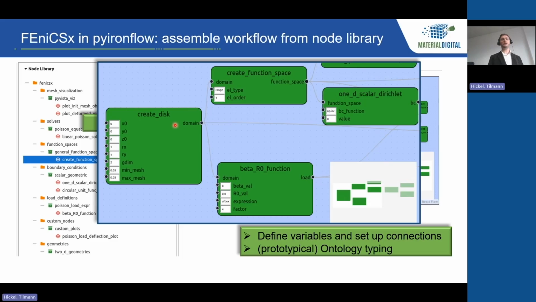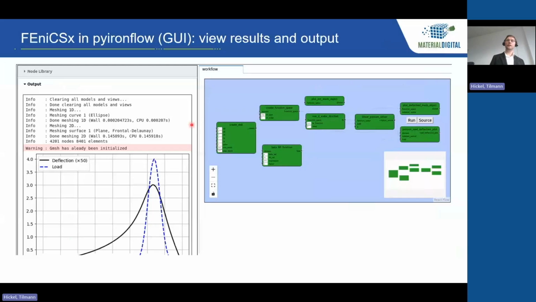Let's say zoom in. You can change parameters by hand, or you can take over parameters from a previous step, and you can do this also in a semantically correct manner. And in this way, you get then, when you press the run command, your profile of this deformation of your membrane, for instance. Yeah, so you can do both. You can always run, but you can also look at the source code of the underlying Python code.